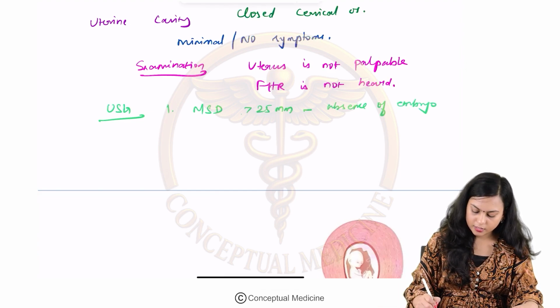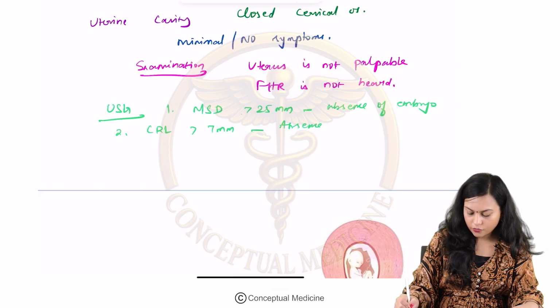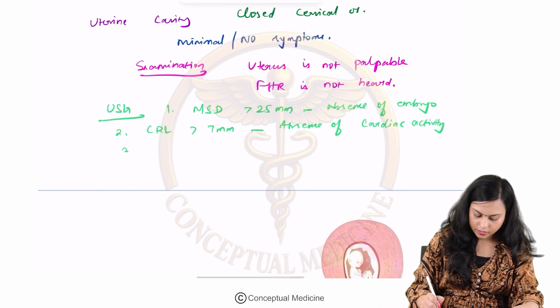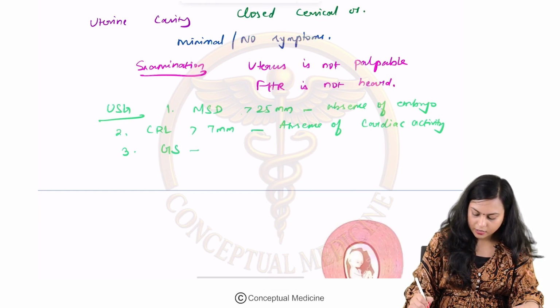Then second one, crown rump length is more than 7 millimeter, but there is absence of cardiac activity. Clear?